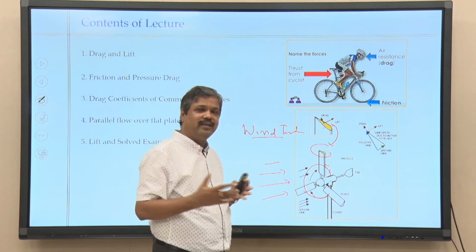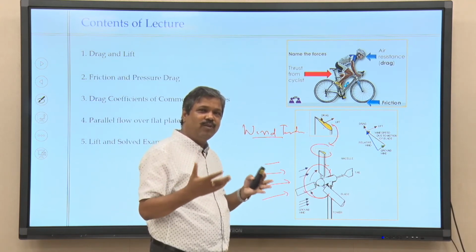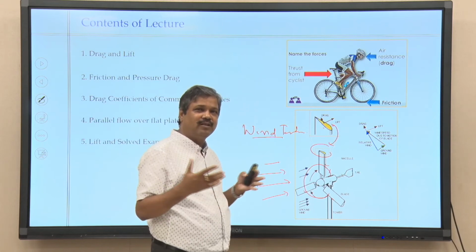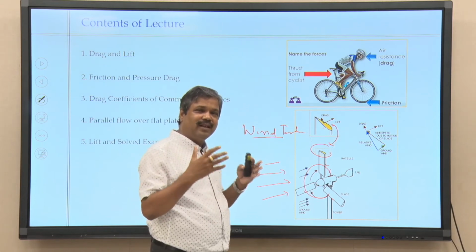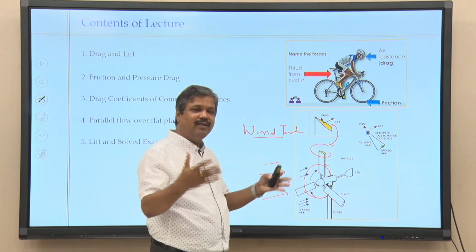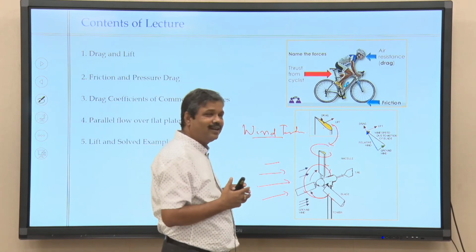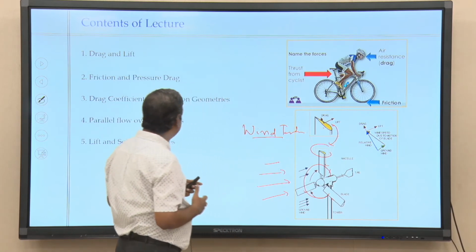In the same way, in cricket, when spinners or bouncers are throwing the balls, all these interactions you can understand with lift and drag.